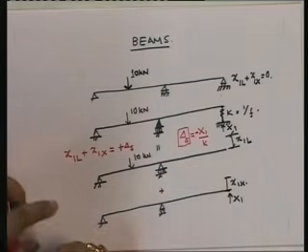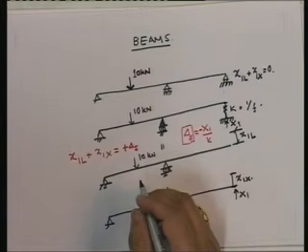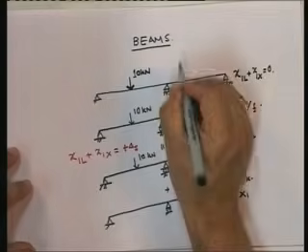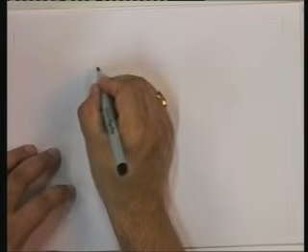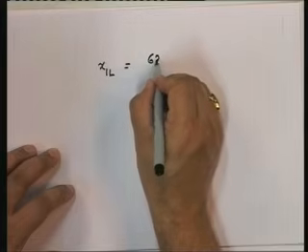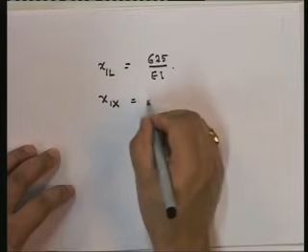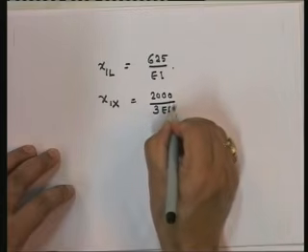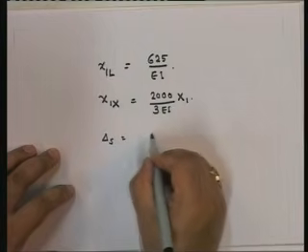Okay, so if I plug that in, and if I take the values that I got from the previous case, what was my x1L equal to? 625 upon EI. So x1L was equal to 625 by EI, and x1S was equal to 2000 upon 3 EI into x1. Okay, and what is delta S equal to?